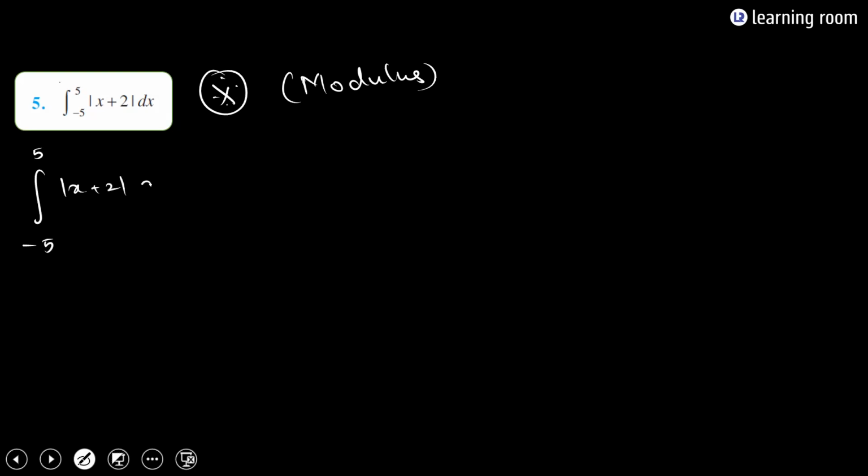So I want you all to concentrate. This is also an important one because there is a problem based on modulus. So when I have integral of minus 5 to 5 mod of x plus 2 dx, then f of x will be equal to mod of x plus 2. Right.